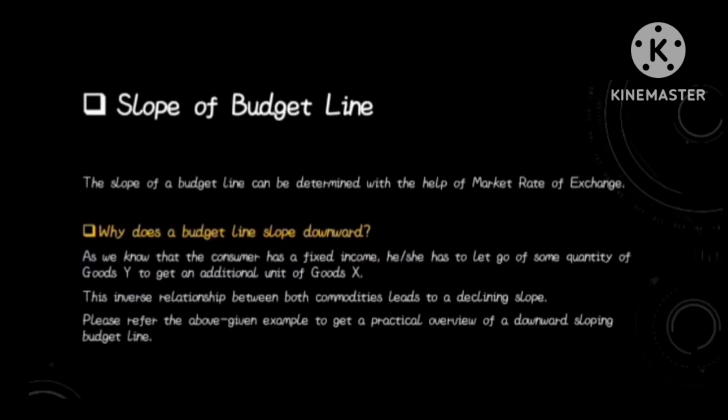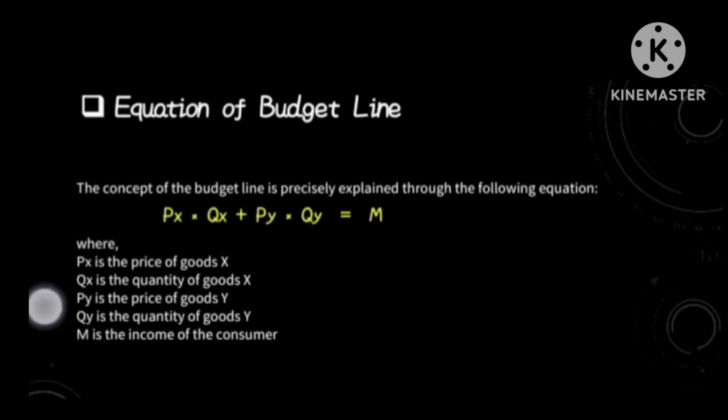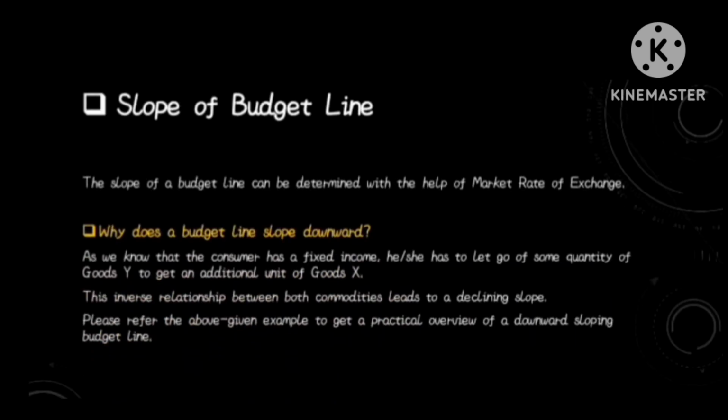Alright, so here's the slope of the budget line. The slope of the budget line can be determined with the help of the market rate of exchange. यहाँ पे भी ग्राफ में भी हमने देखा है कि डाउनवर्ड स्लोपिंग होती है बजट लाइन. Why does the budget line slope downward? This is the question.